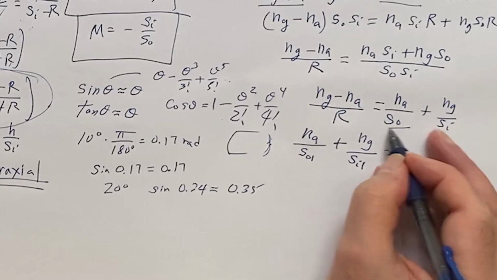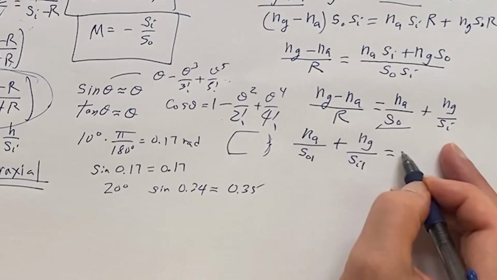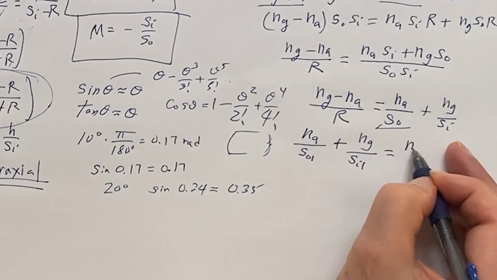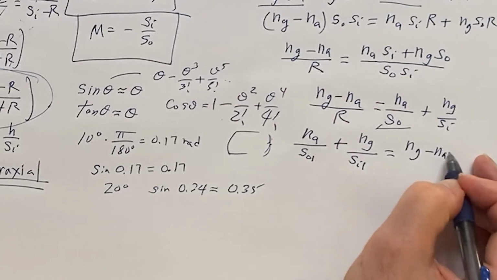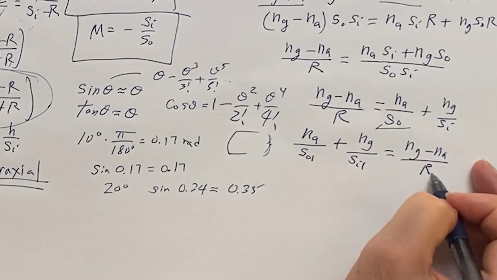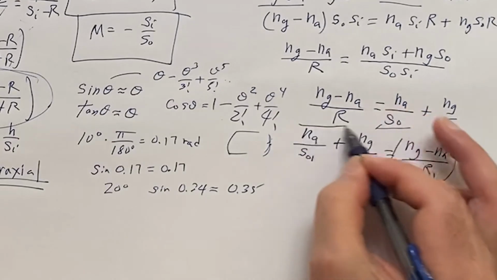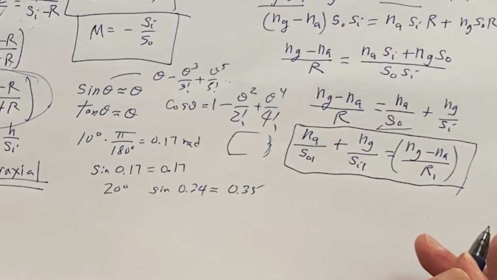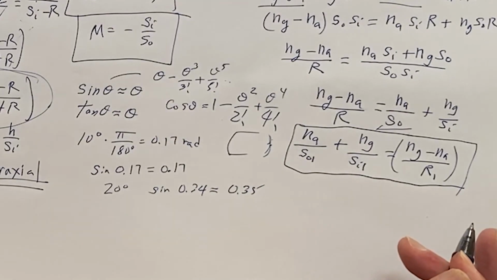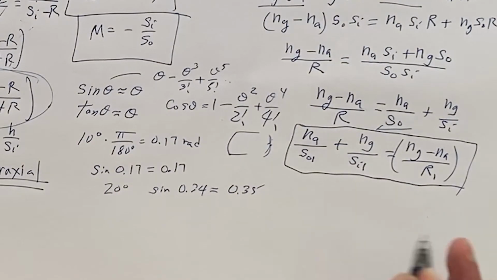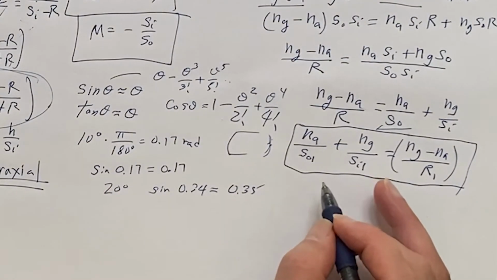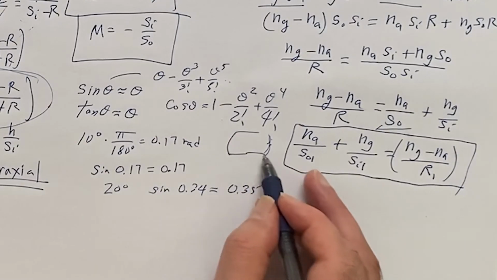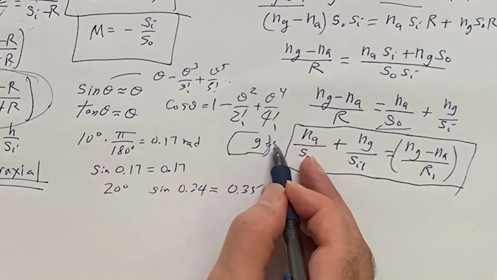Okay, so I wrote this right-hand side first over here, and then I have Ng minus Na, and I'm going to divide that by R1, where it's the first surface. So this is the first surface. And then I'm going to play the game that if we go to the next surface, I'll have a similar equation, and the next surface on the right, I'm going to have glass to air.